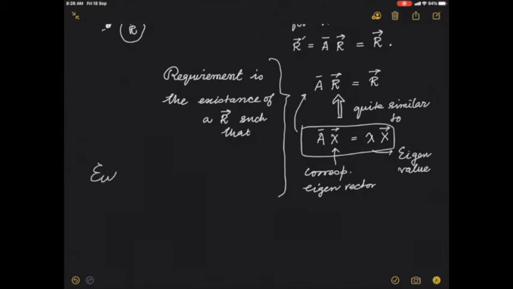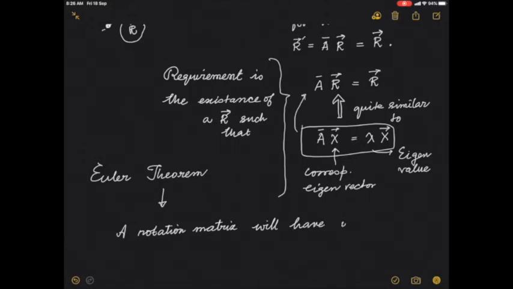So if I compare this with that, then the mathematical statement reduces to, Euler's theorem reduces to the fact that a rotation matrix will have one eigenvalue equal to 1.